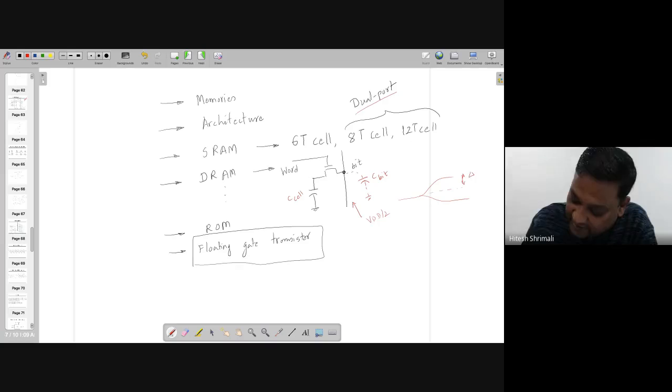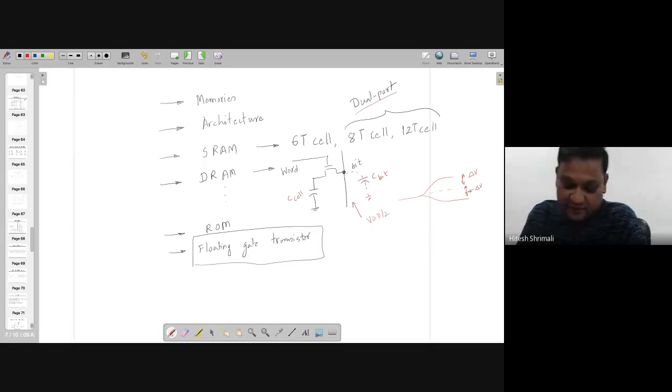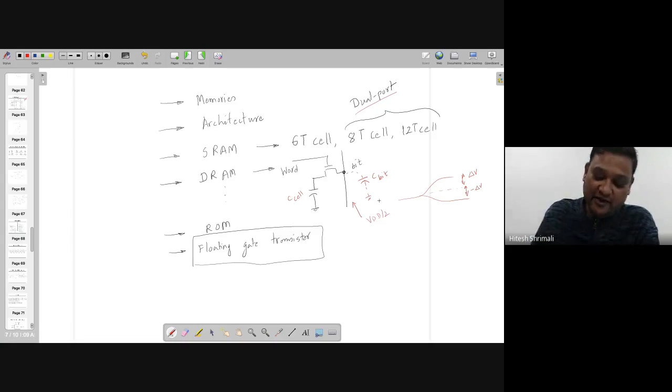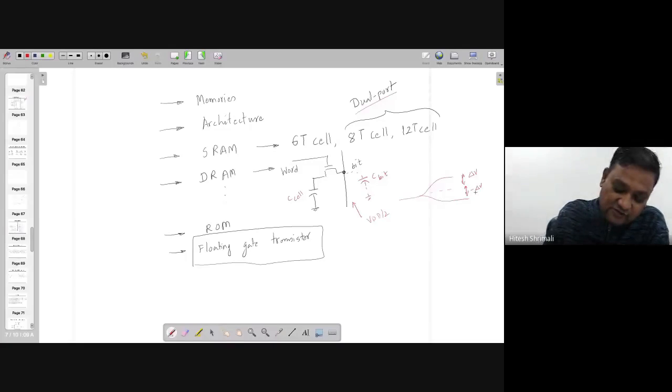So it depends on whether delta V is going up or down. If delta V is going up, then through the sense amplifier you can have the digital logic 1, and if it is less, like it's negative, then the digital logic will be 0.